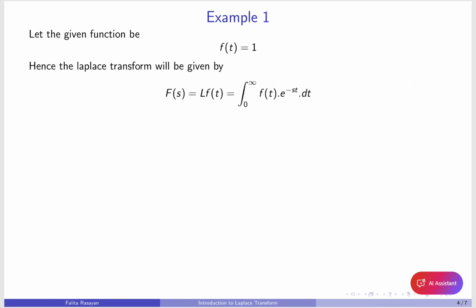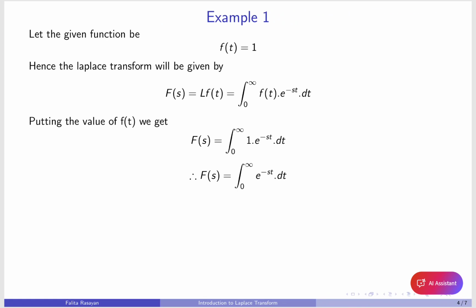F(s) equals L of f(t) equals the integration from 0 to infinity of f(t) e to the power minus st dt. Now we will put the value of f(t) here. So F(s) becomes the integration over 0 to infinity of 1 times e to the power minus st dt, which is nothing but the integration over 0 to infinity of e to the power minus st dt.